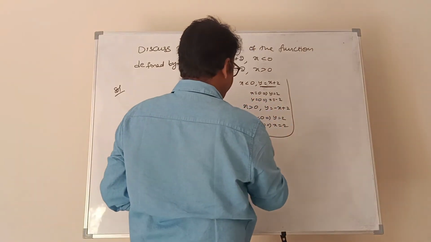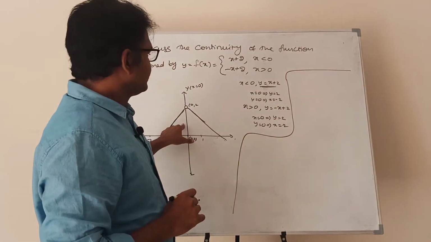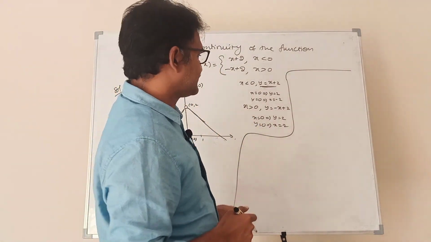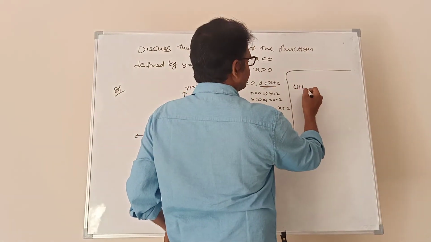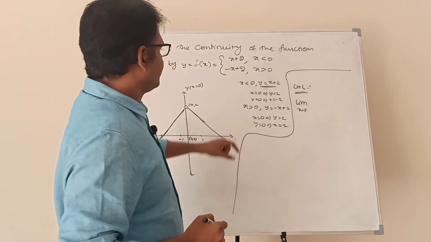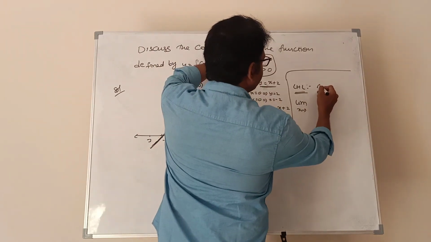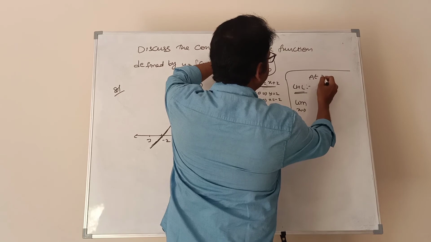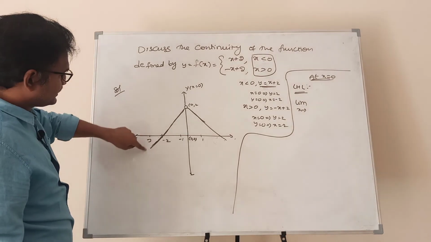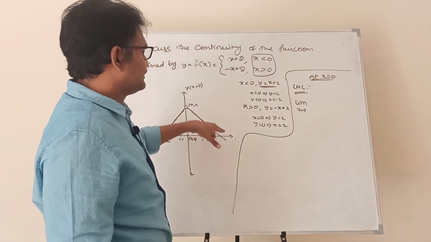So how do we find the continuity without using the graph, by using the concept of limits? First take the left hand limit. At x equal to 0, you need to check whether this graph is continuous or not, because you need not check before or after x equal to 0.